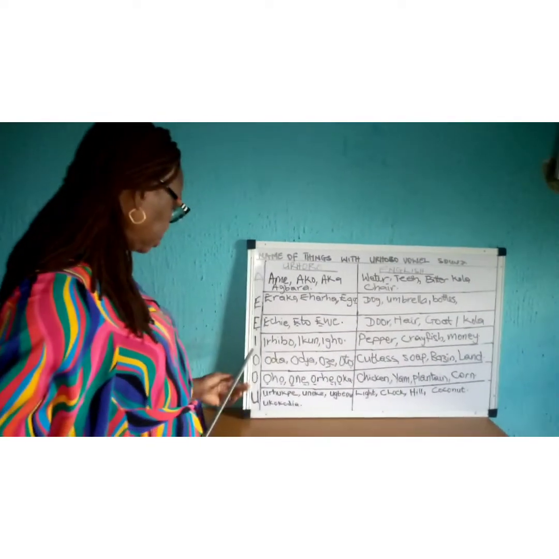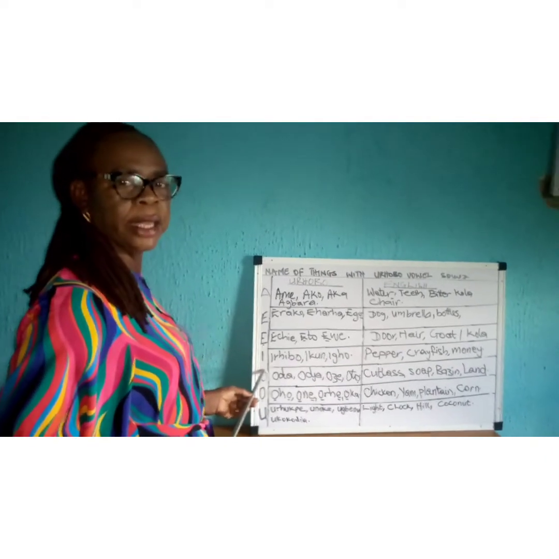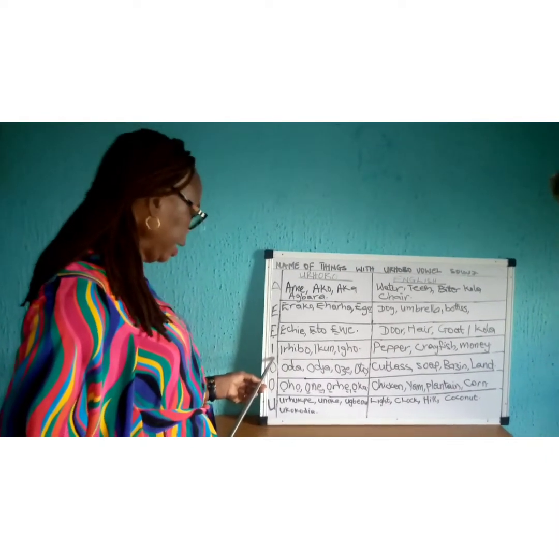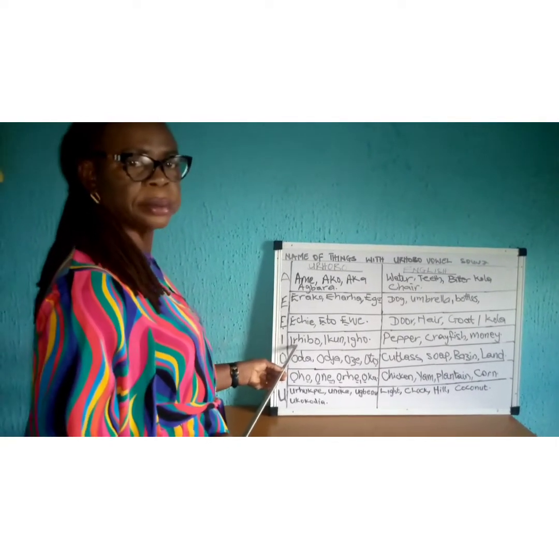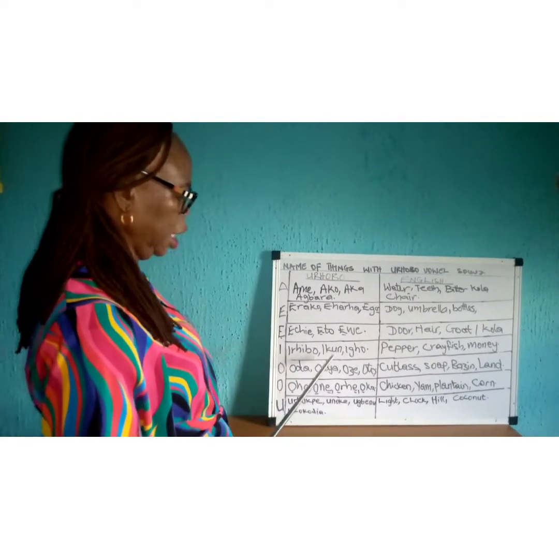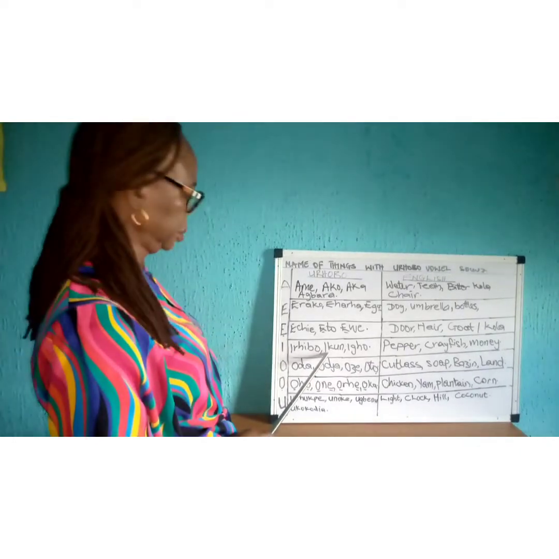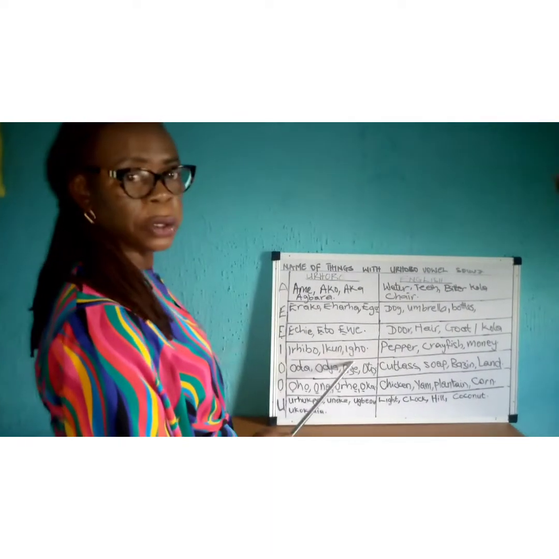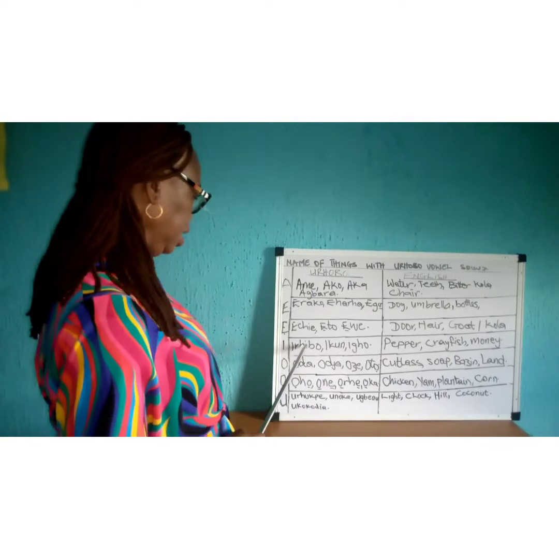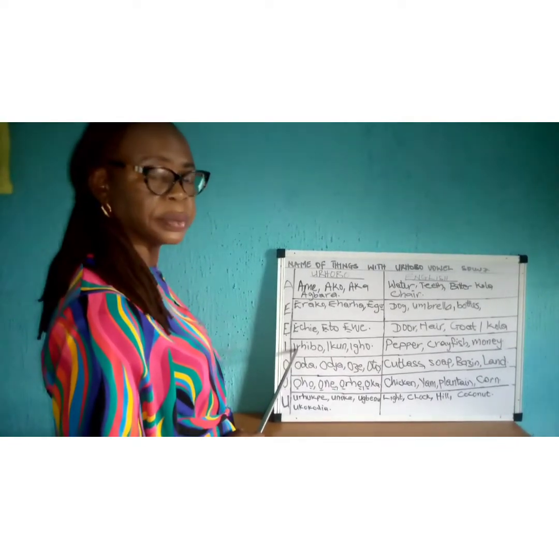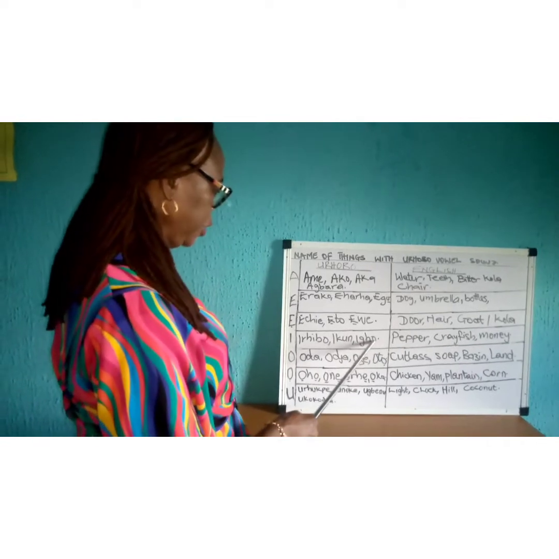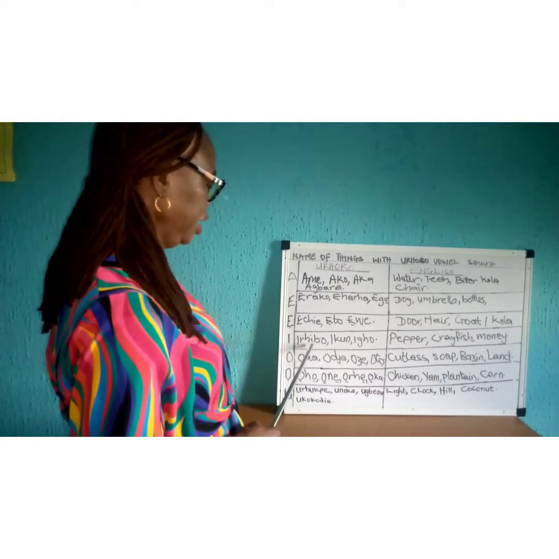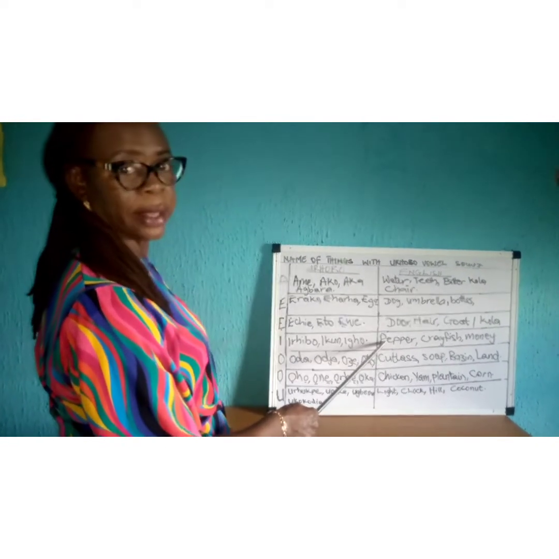Then vowel I. Iribo, iku, iho. Iribo is pepper.